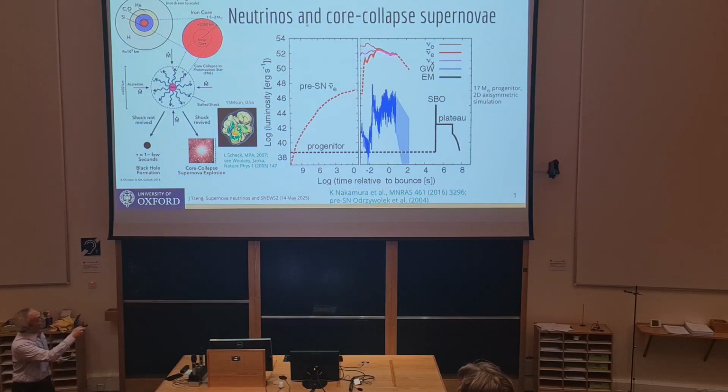I should mention also, just before I go on, that this is what we often refer to as the supernova burst. There's also this last phase, just before the supernova.